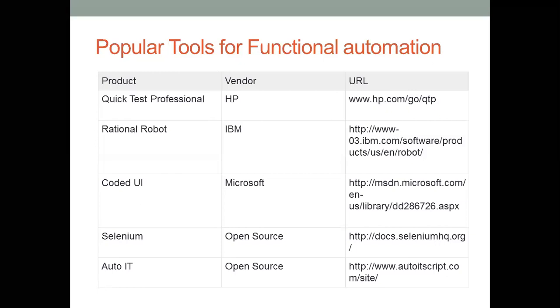So how do you get the information? You can go to seleniumhq.org, and if you want documentation, then you can visit docs.seleniumhq.org. From that website you will get whole information about the Selenium testing tool.